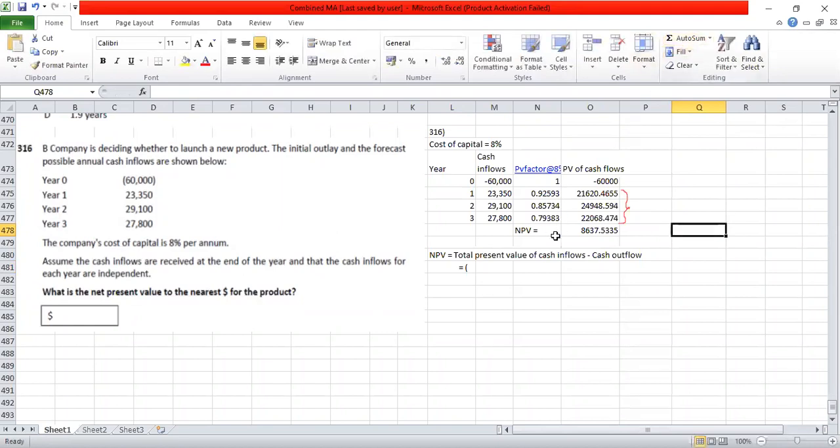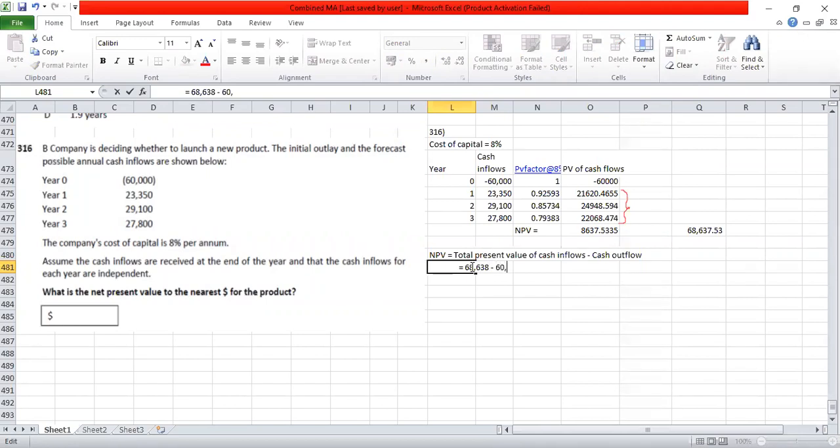Auto sum of these 3 amounts, the sum total is 68,638 minus cash outflow.